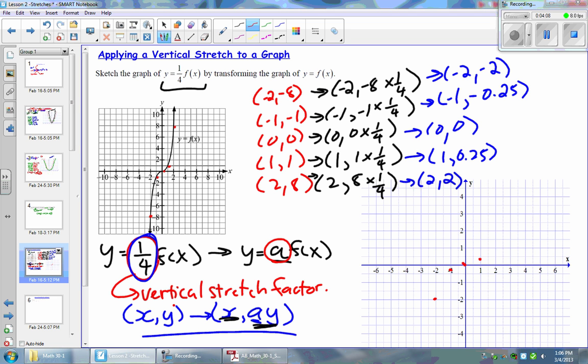And finally 2, 2, which is right there. It still is a cubic function, but when you connect the dots here, your graph looks now a little wider. So there is the transform graph, and that's how you apply vertical stretch on a given graph.